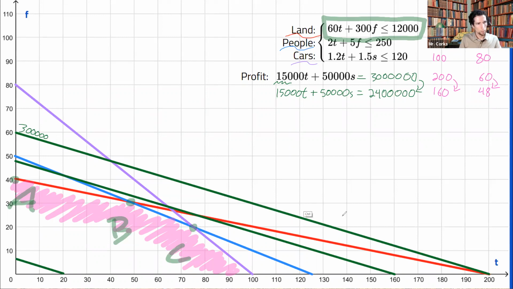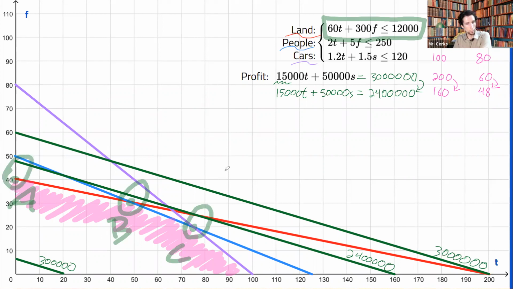I'm just trying to find space to write these in where it's not going to get in the way of anything else. 3 million, 2.4 million. We could label our other little one here, 300,000. So B looks like it's closest. We can compare the distance between point B and this green line, with the distance between point C and the green line, and A and the green line.